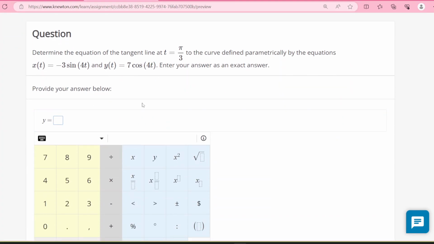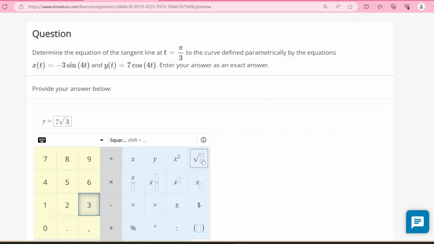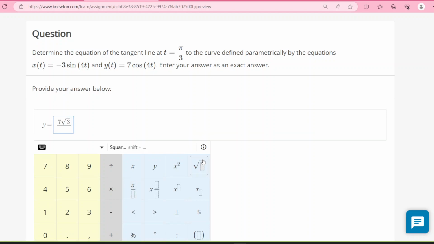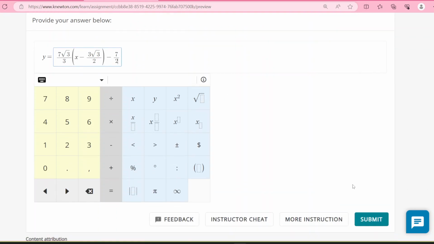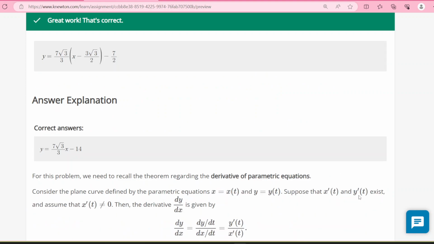So we had 7 times the square root of 3, and it says write exact answers, so no calculator, no rounding. So 7 root 3 over 3 times the quantity x minus 3 square root of 3 over 2, and then minus 7 halves. They probably put it in slope-intercept form, but this should be good.